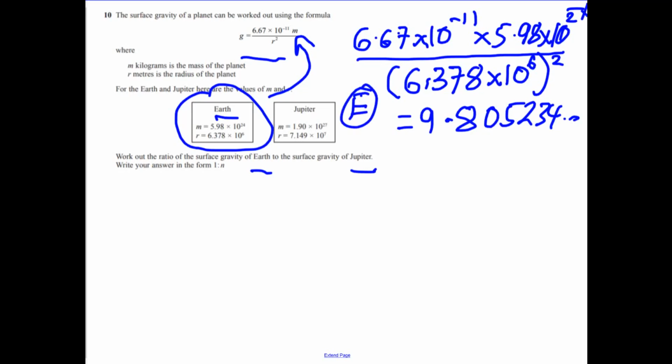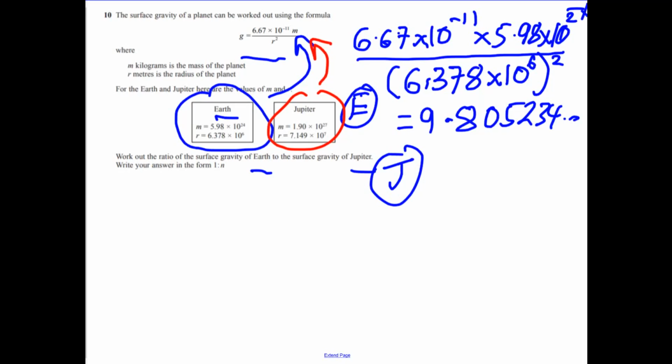Now, if you do exactly the same thing for Jupiter, so just taking this information just here and feeding that in as well. Just be careful about the denominator, the squared bit. That's the only bit to really be a bit wary of.